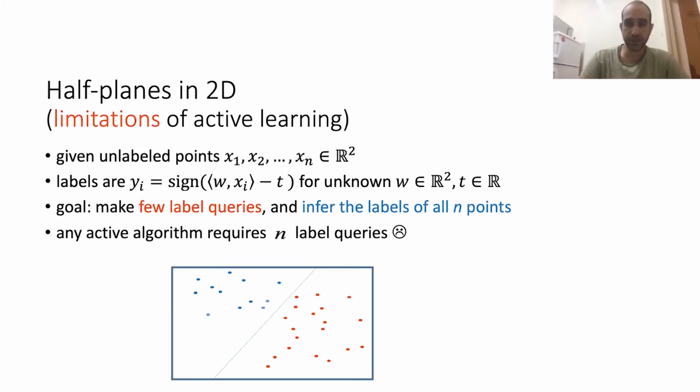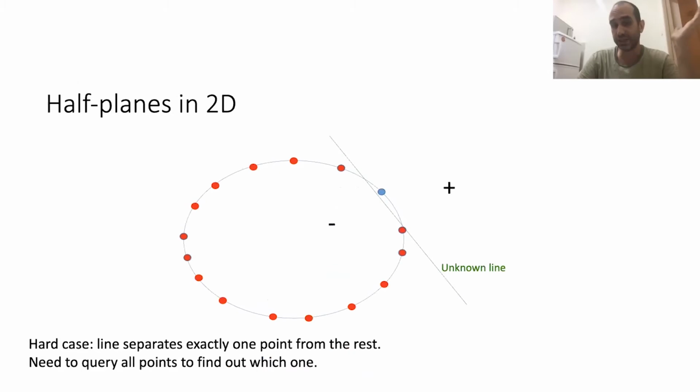As I promised you, unfortunately, this is impossible in general. If you assume that the n input points are in convex position, so for example, on a circle like this, then what does convex position mean? It means that every point can be separated from the rest by some line.